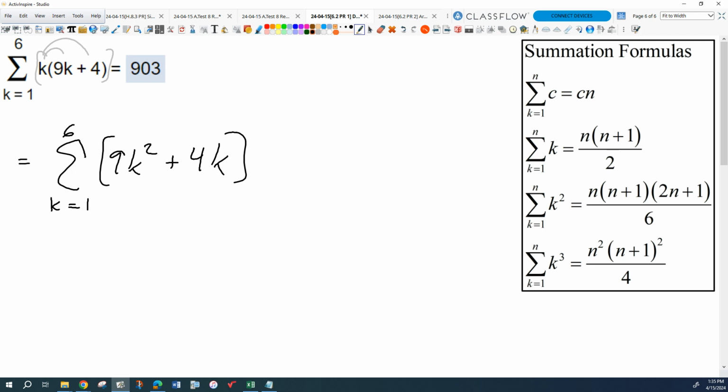Okay, so now how are we going to use those formulas? So what do I do? I'm going to separate them. What do I do with the first one? Take the 9. Good. So I take the 9 out and I separate the two terms. Good. Plus, take the 4 out, right?